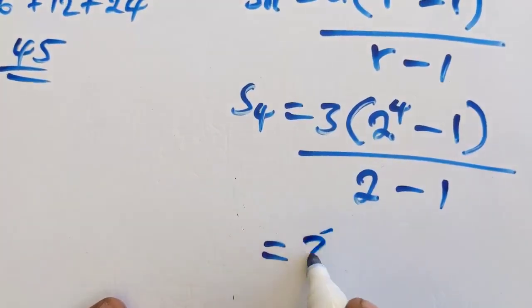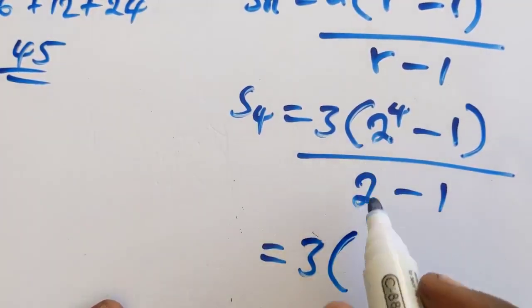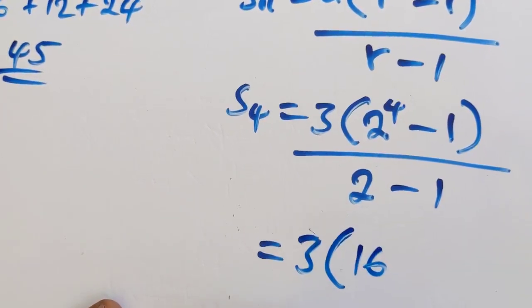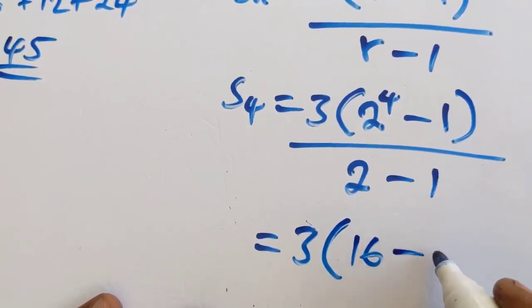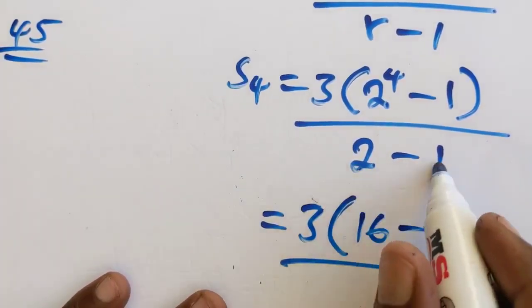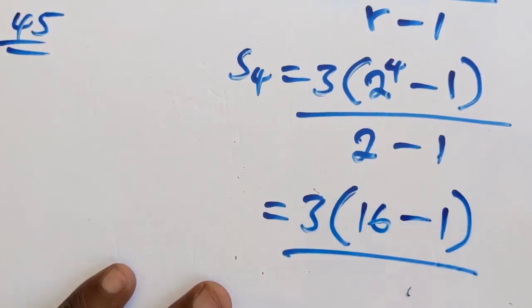So this is 3. You start with the ones in the bracket first. 2 to the power 4 is 16, so 16 minus 1. Divide by 2 minus 1, and the answer is 1.